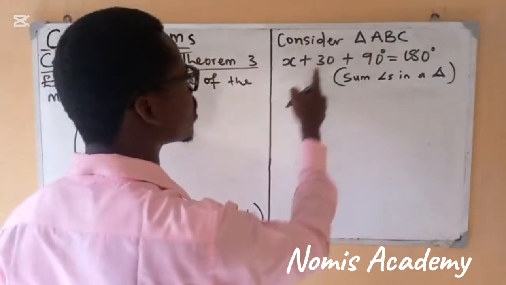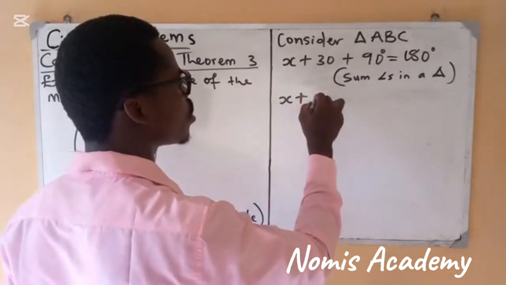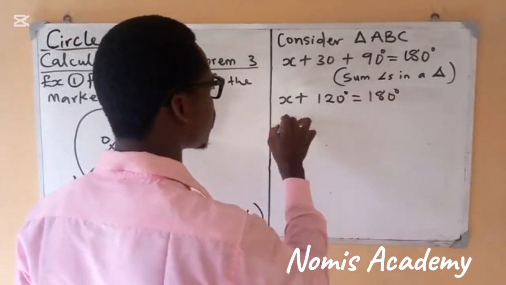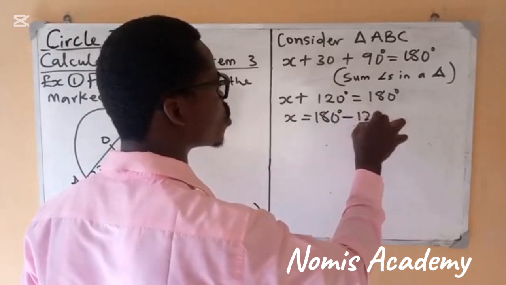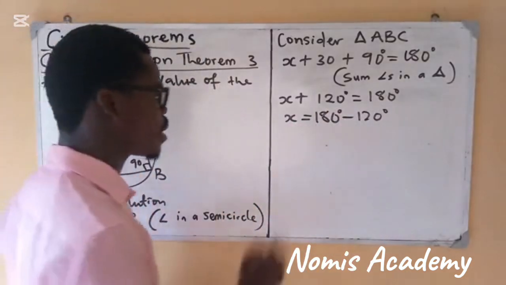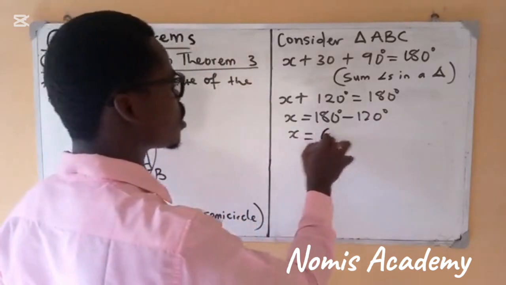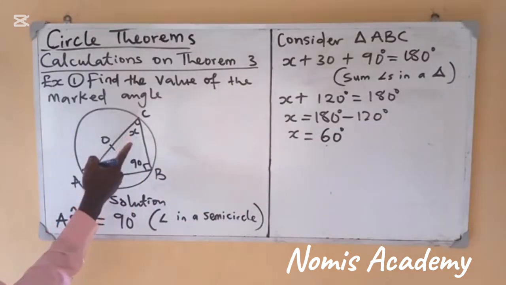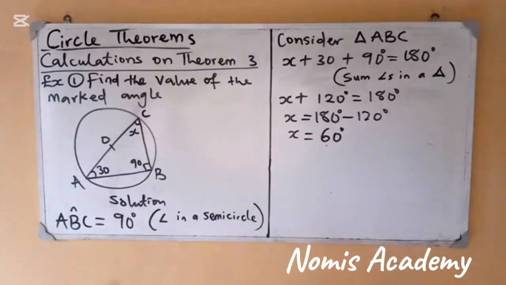So to find X, we have X plus 30 plus 90 is 120 equal to 180 degrees. Then X is equal to 180 degrees minus 120 degrees. So subtract 120 from 180, we have X is equal to 60 degrees. So therefore, the angle at point C is 60 degrees.